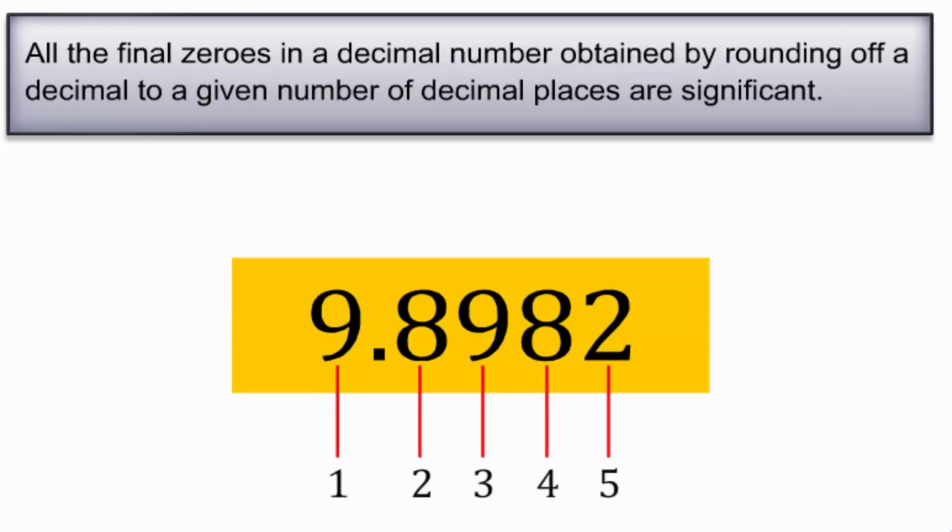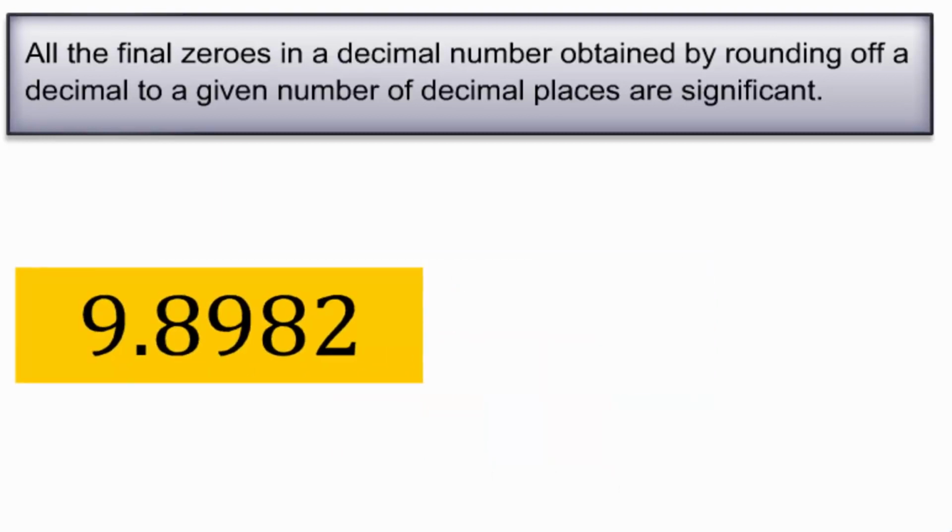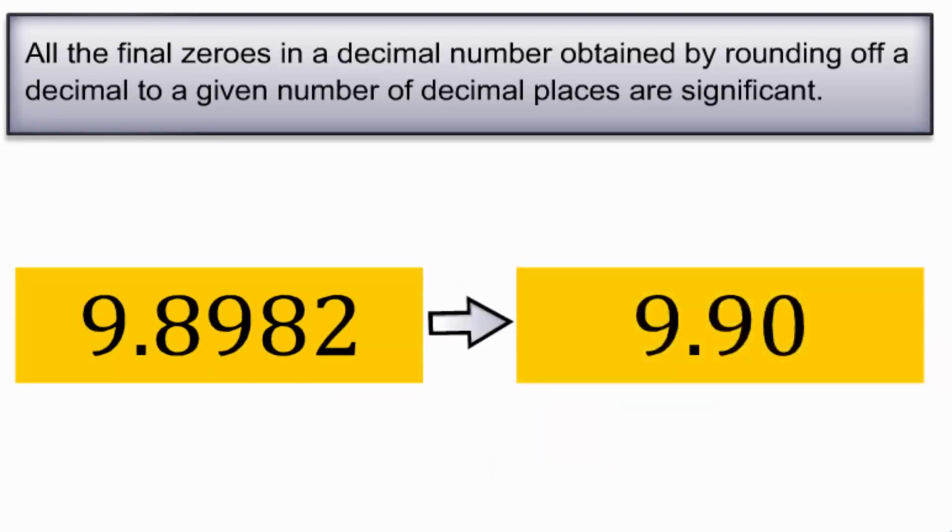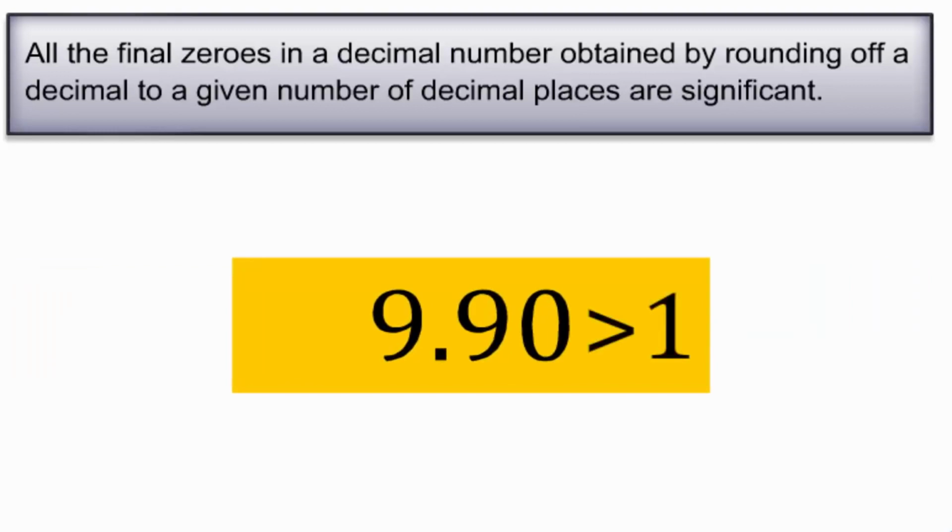Let's round off the number to 2 decimal places. The resultant number 9.90 has the digit 0. But this number is greater than 1. Therefore, 0 is also a significant number. The number of significant figures in this number is 3.